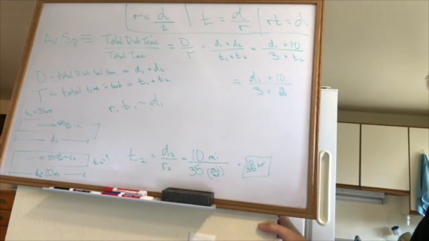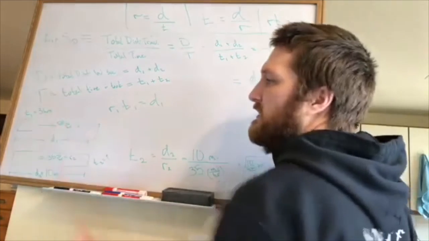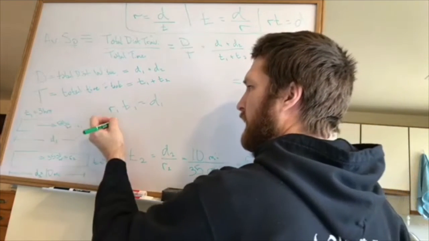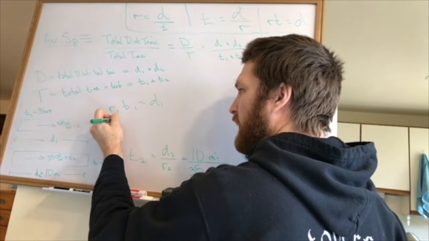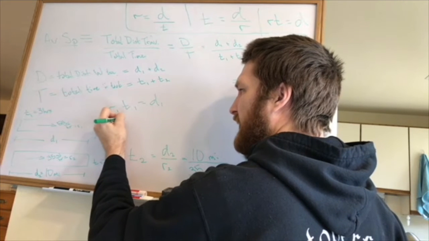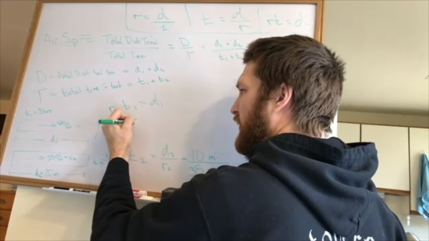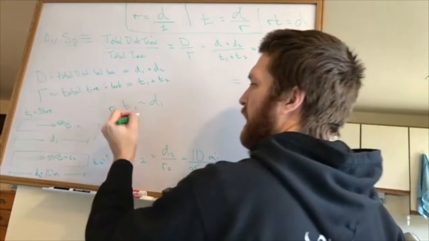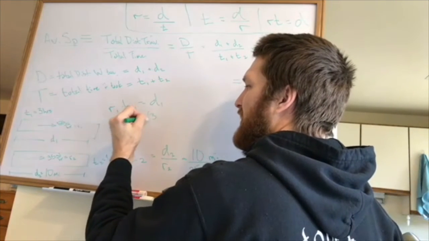And so the rate was what? What was his speed on the first trip? 55 miles an hour. 55 miles per hour times how long did he drive? 3 hours. 3 hours.